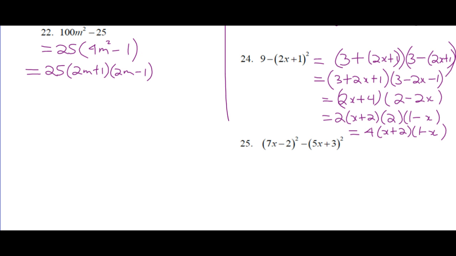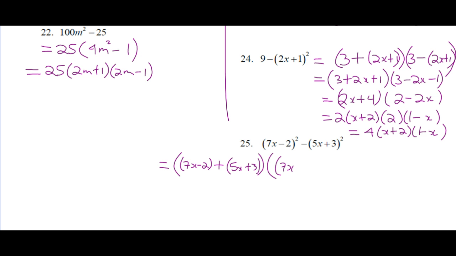Okay, same deal, right? What's this one? So you look at it, you should say, oh, that's a difference of squares, right? Now we could let A equal the first one and B equal the second, but we don't need to. So we know the square root of this is 7x minus 2, and we are going to add the square root of this, which is 5x plus 3.